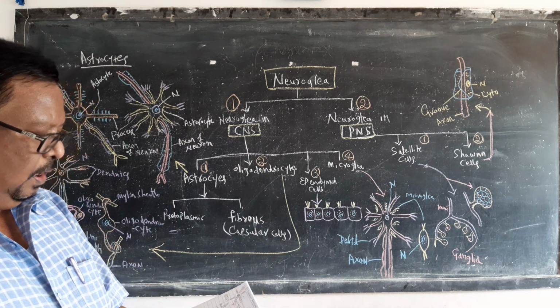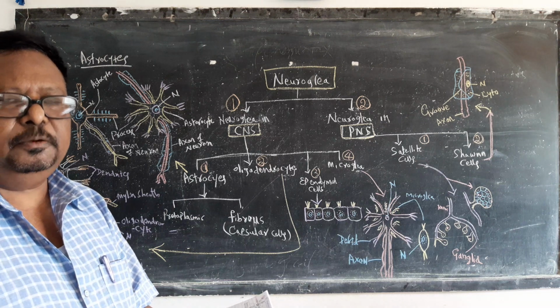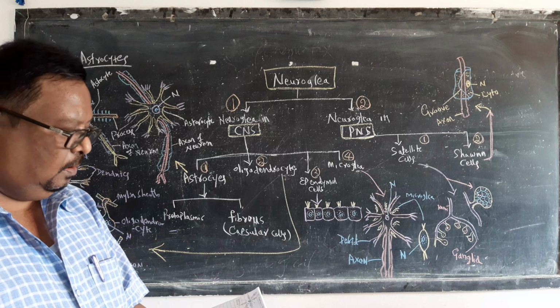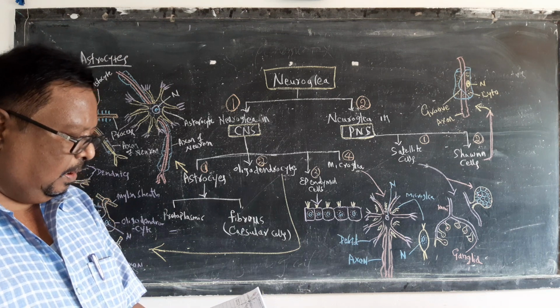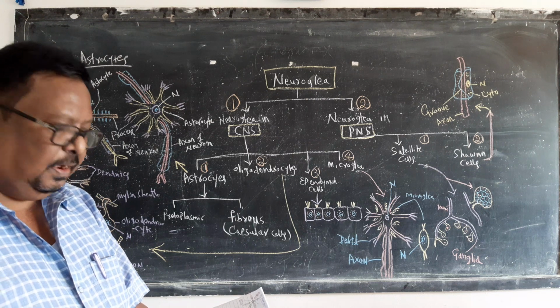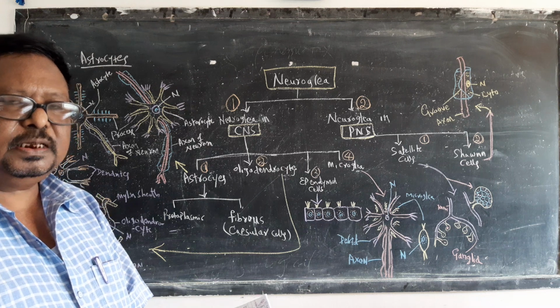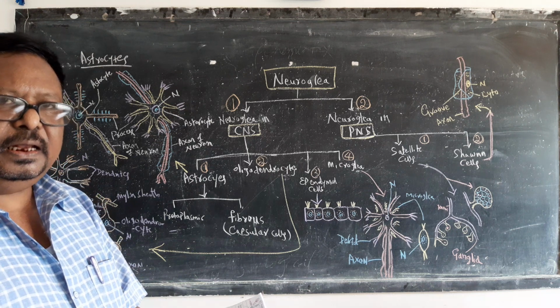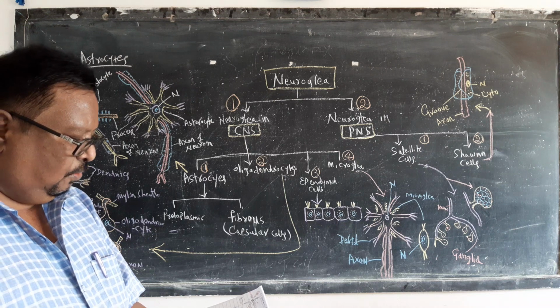Astrocytes support and embrace, they cover the neurons and anchor them to their nutrient supply lines. The nutrients are supplied by the lines, and towards the lines they bring these neurons.